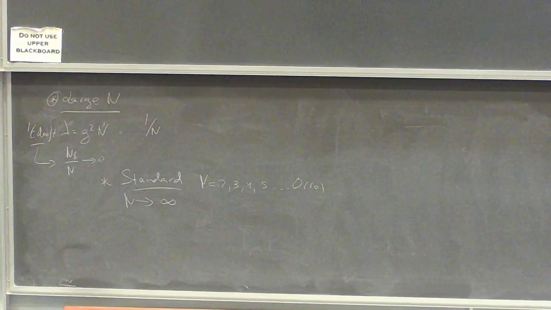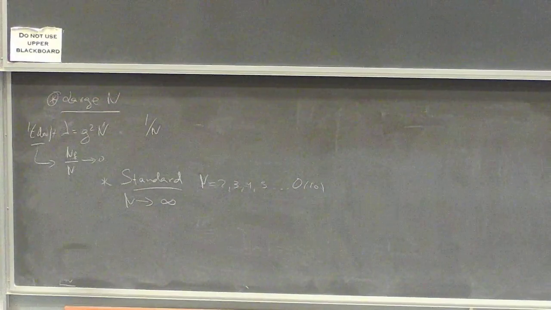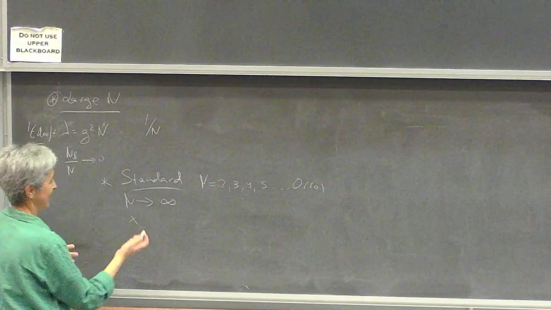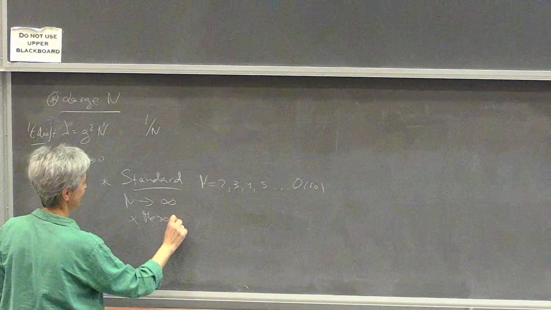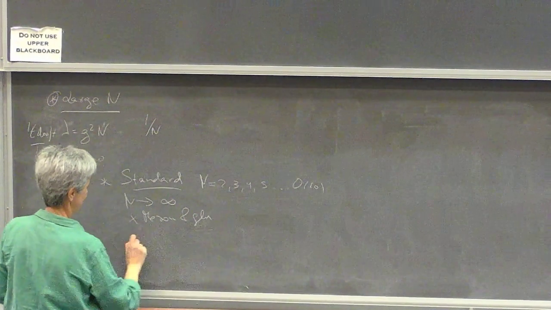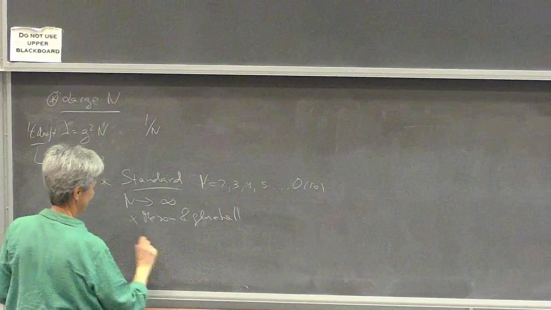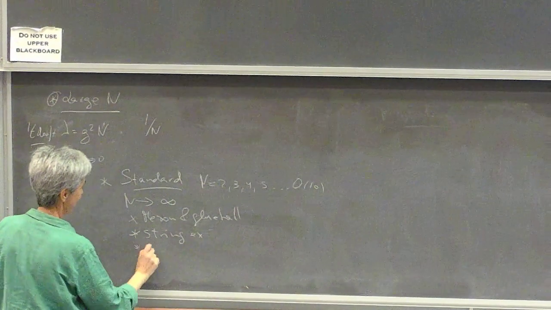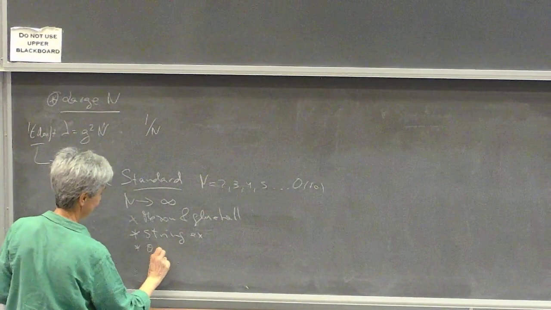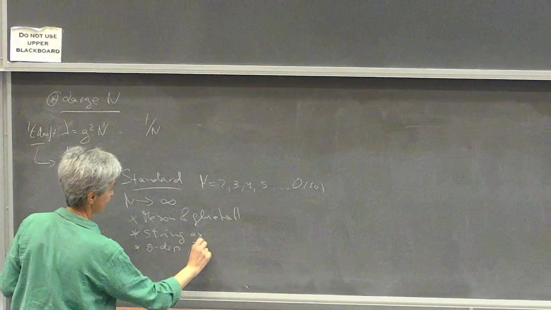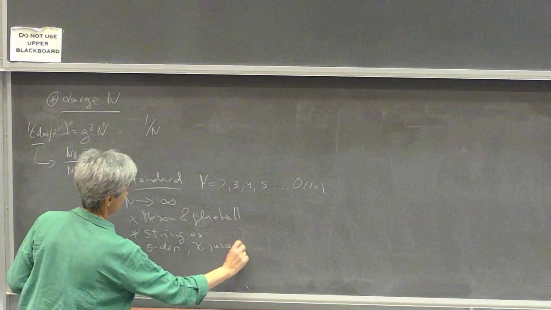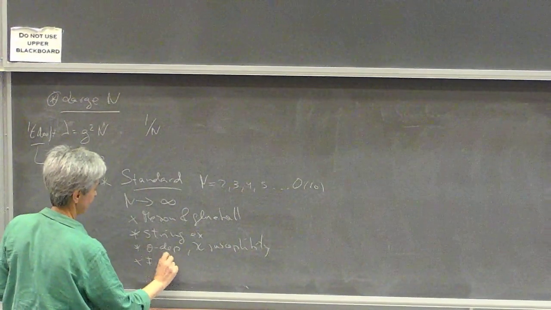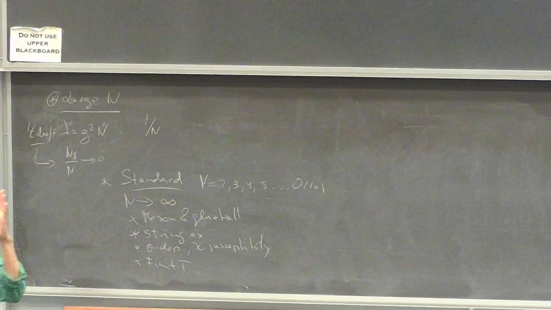And there are an enormous number of results on the lattice doing these kinds of things, including meson and glueball spectrum, string excitations, theta dependence at small theta, or topological susceptibility, also finite T, very many things.